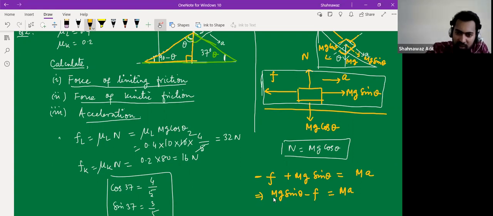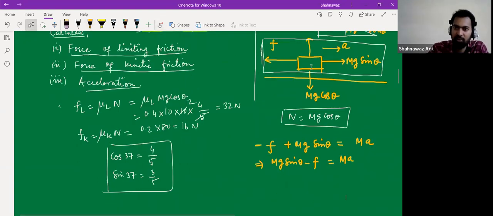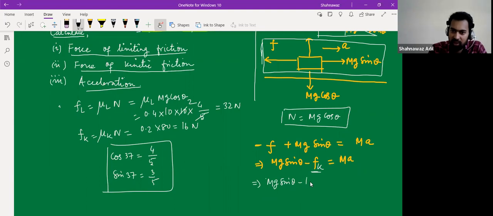Okay, and we already know that this block is moving, so kinetic friction will be there, right? So F, we have to calculate acceleration, and we already calculated this part, right? So this came out to be 16 Newton. So mg sine theta minus 16 is what? 10 into 8, right?